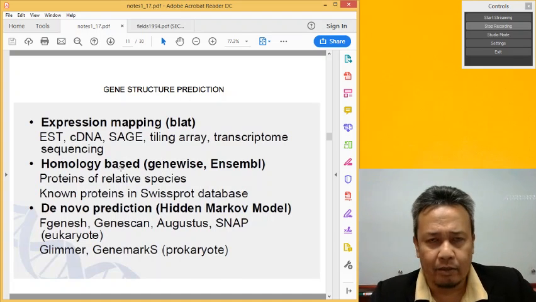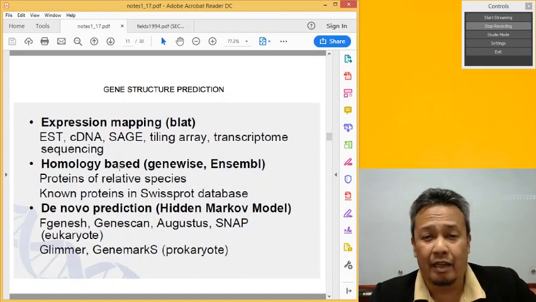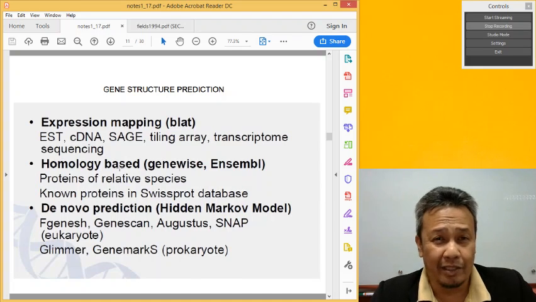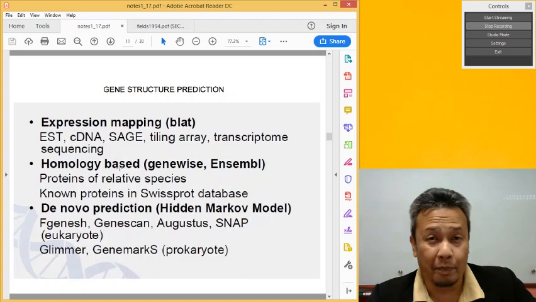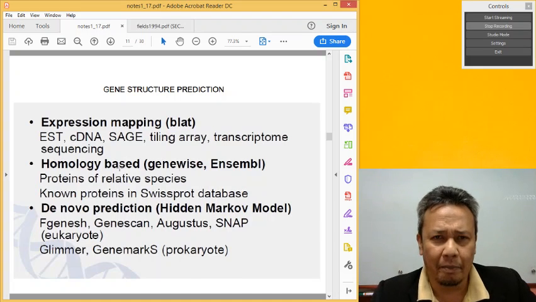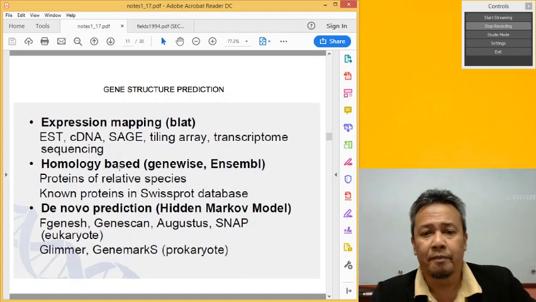So you can do homology-based comparison of proteins of related species. There are various databases available: the genome database, the protein database, the mRNA database, so you can compare. If you can find a match, that gives an indication that perhaps your sequence is conserved.